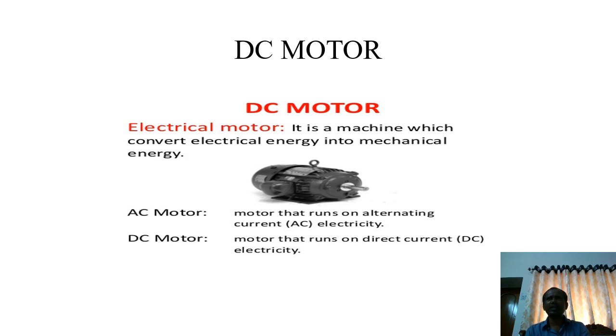The machine which converts mechanical energy into electrical energy is the DC generator. The one which converts electrical energy into mechanical energy is called the DC motor. So one by one I am going to discuss the details.